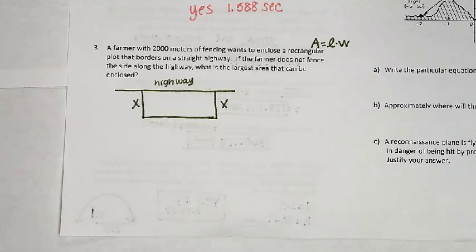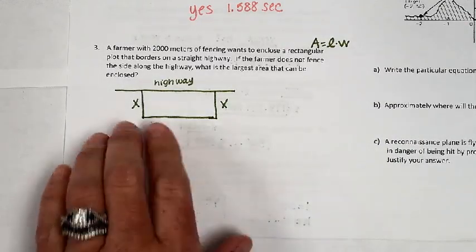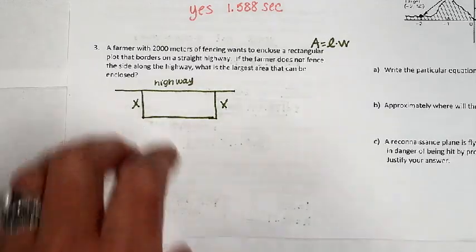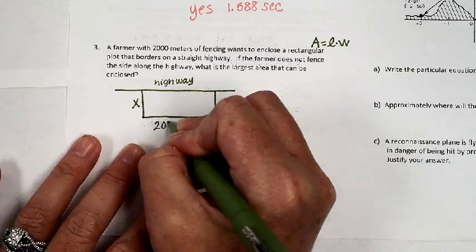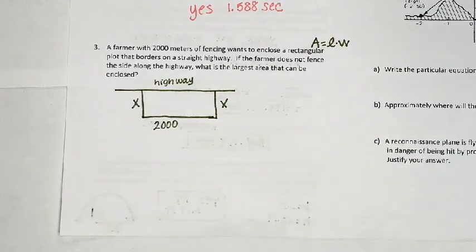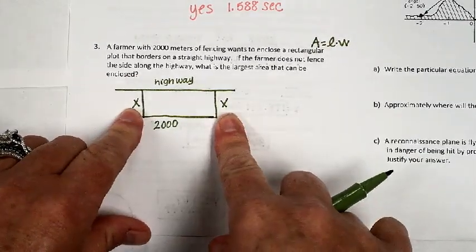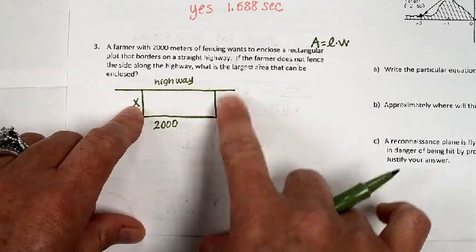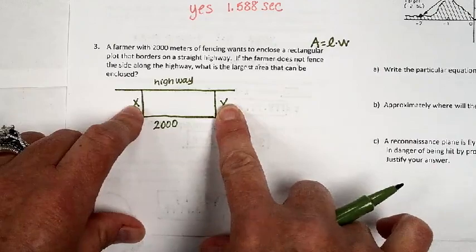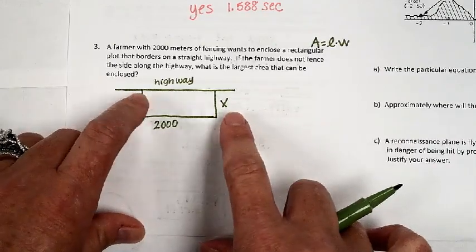So we started with 2,000. I put x amount here and x amount here. If this was 100 and this was 100, we would do 2,000 minus 100 minus 100, so 2,000 minus 200, to figure out how much would be here. But I do not know what these values are.